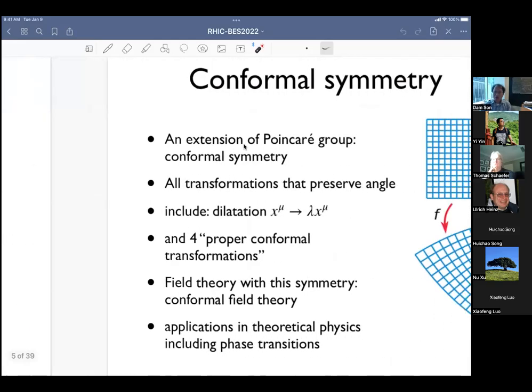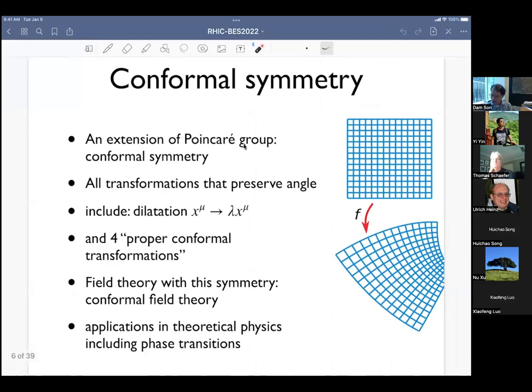The conformal symmetry is a larger group, larger than the Poincaré group. These can be thought of as transformations of space-time that preserve the angle. So here I'm trying to imagine a space-time. In this case, I try to imagine it as a two-dimensional space.